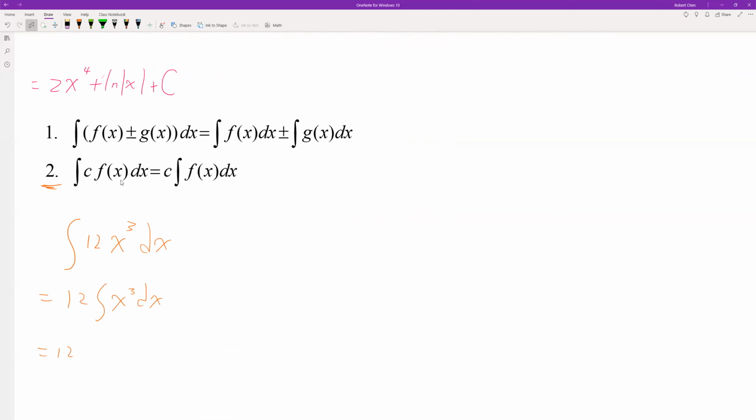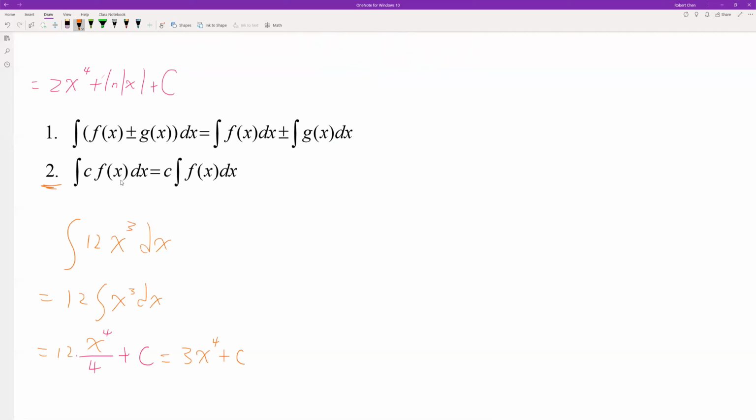To do that, we add 1 to the power and divide by the new power, and then multiply it by the 12 that's in front of it, and the plus c. Don't forget the plus c. And then we can combine the 12 with the antiderivative. So 12 over 4, that's 3x to the fourth plus c.